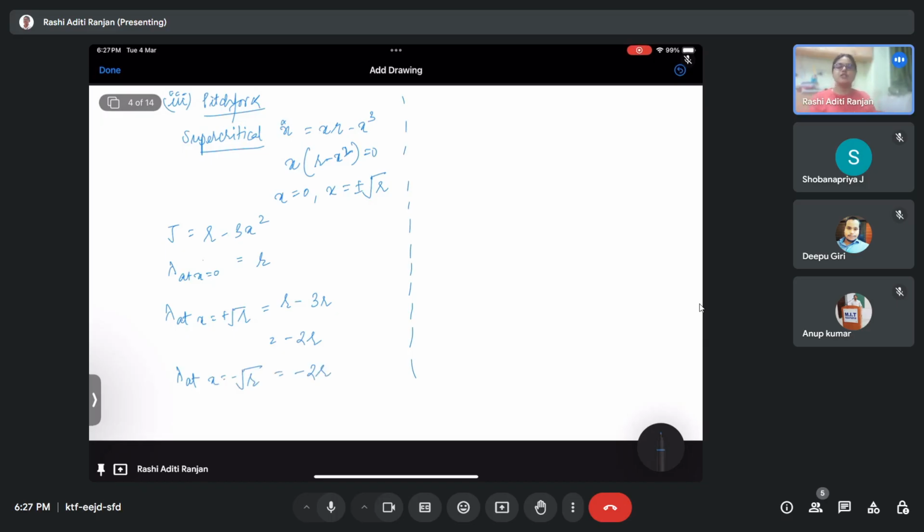So essentially both the plus under root of r and minus under root of r fixed points are either both going to be stable or both going to be unstable because both have the same eigenvalue, right?